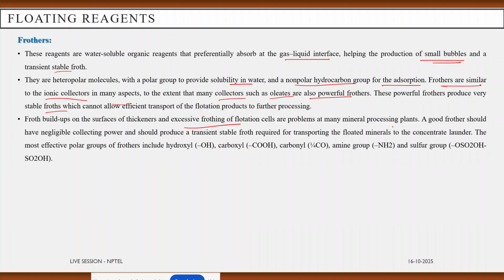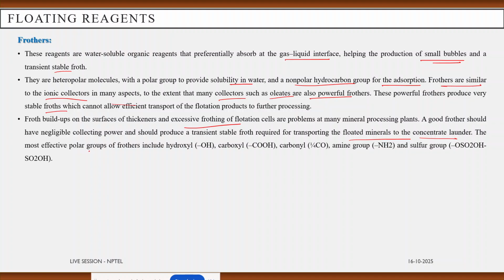mineral processing plants. A good frother should have negligible collecting power and should produce a transient stable froth required for transporting the floated minerals to the concentrate launder.